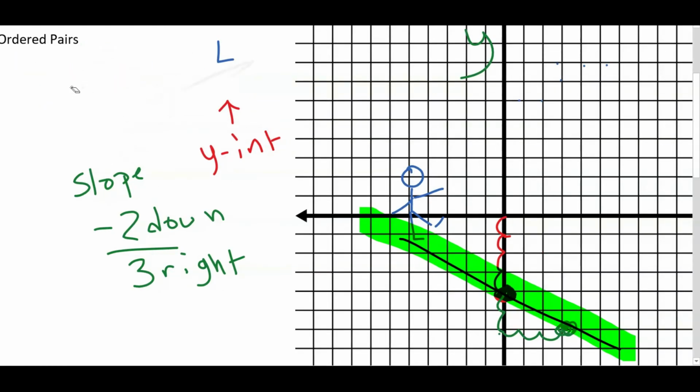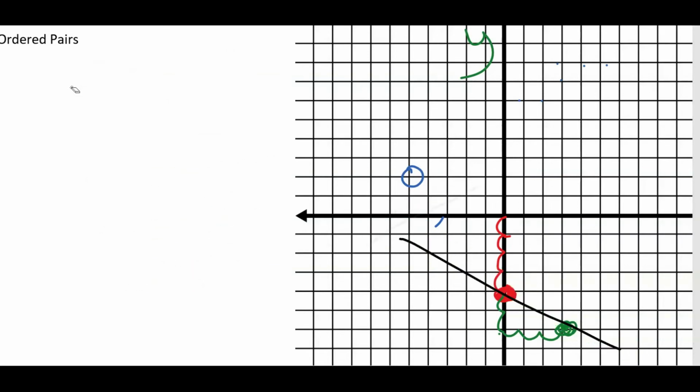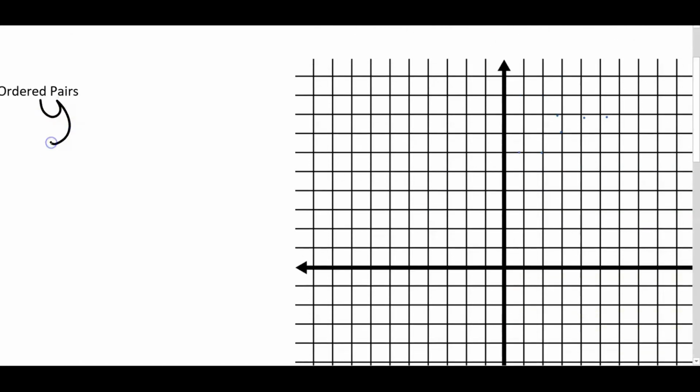All right, now what if we're given the equation of a graph and it does not have a y-intercept? Now that's going to happen every now and then. You'll see an equation and it'll look kind of confusing because it'll just be like, oh, y equals 2x. And you'll go, okay, well, where's the y-intercept? There's not one. If you don't see a y-intercept, a number that's there, that just means that there is nothing there, 0.